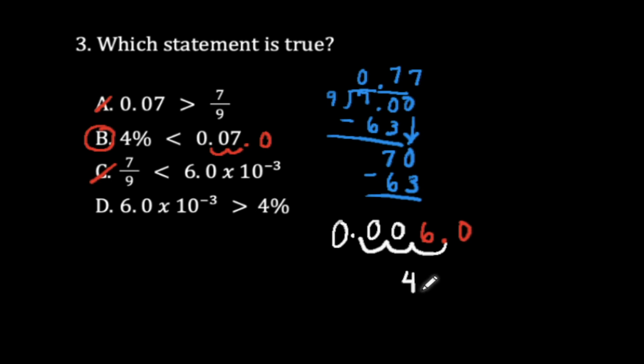There's an unwritten decimal point right here, so move it over 2 places to the left: 1, 2, 0.04. There's no way this number is greater than this number, so this is out of the question as well. All right, let's go on to question number 4.